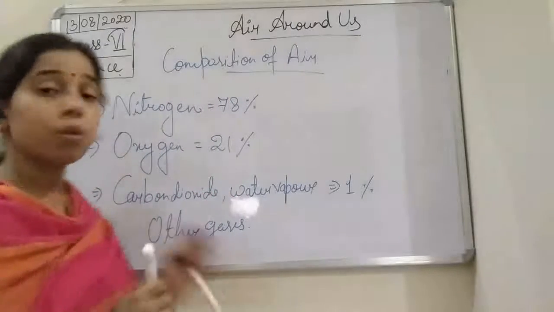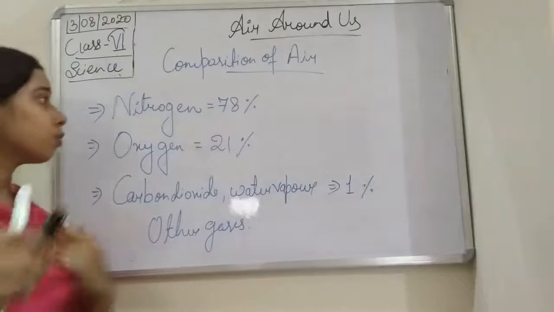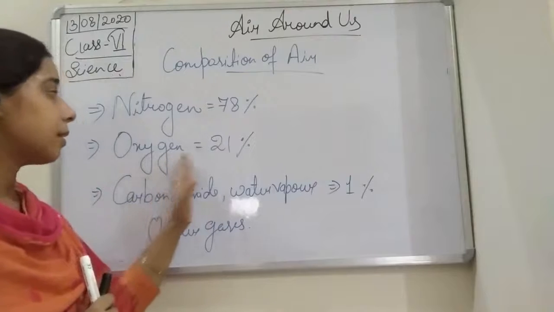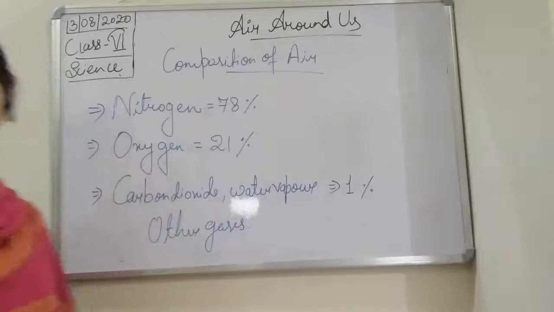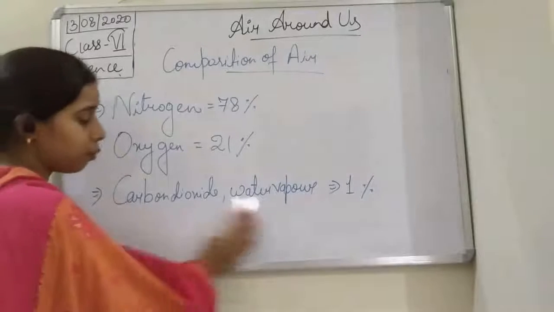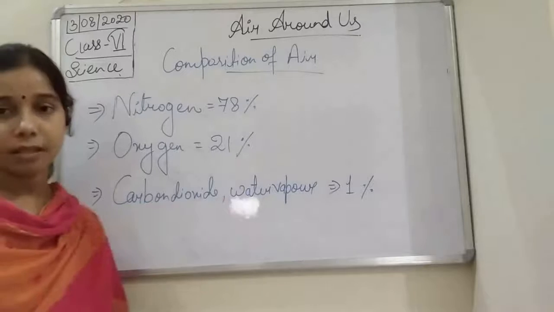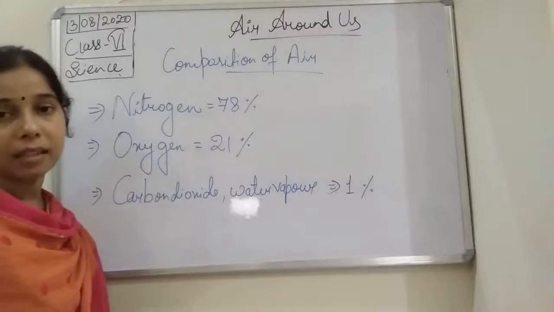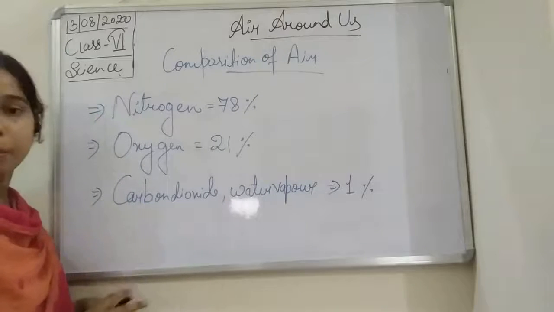Okay, so most of the portion is covered by nitrogen, students, and that is 78%. Oxygen is present at 21%, and the carbon dioxide and water vapor, which you sometimes see written as other gases, so the percentage of other gases is only 1%.